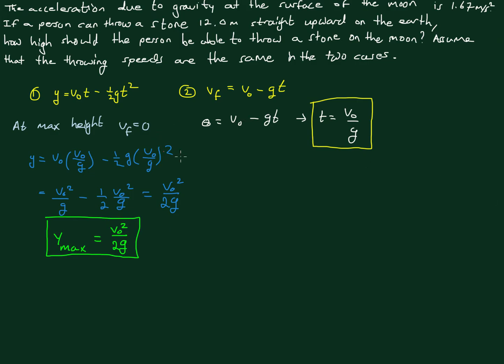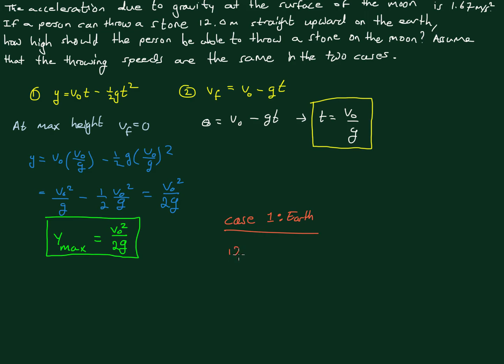Okay, so case one is going to be Earth. For case one, we know that the maximum height is 12 meters, right? A person throws a stone 12 meters straight upward on the Earth.